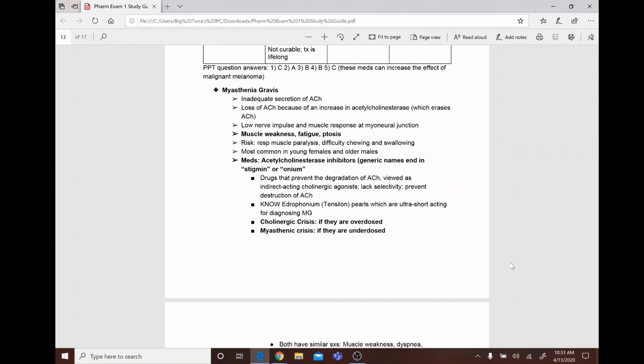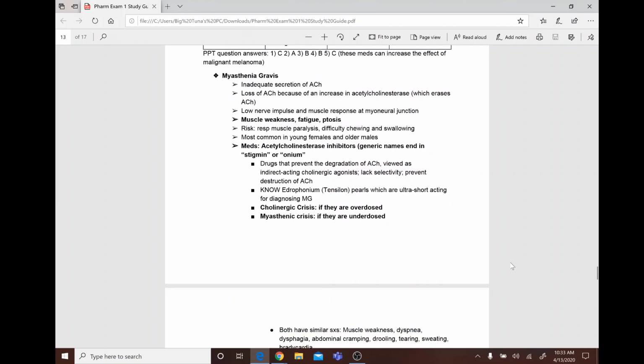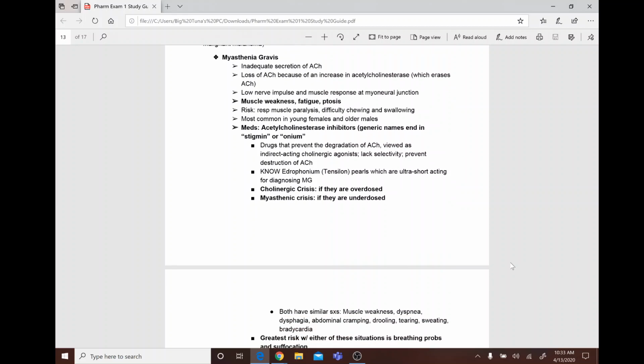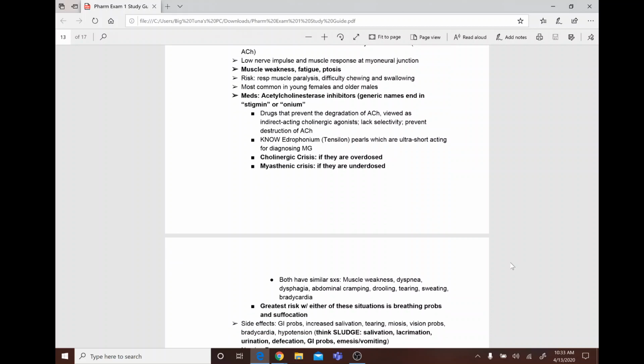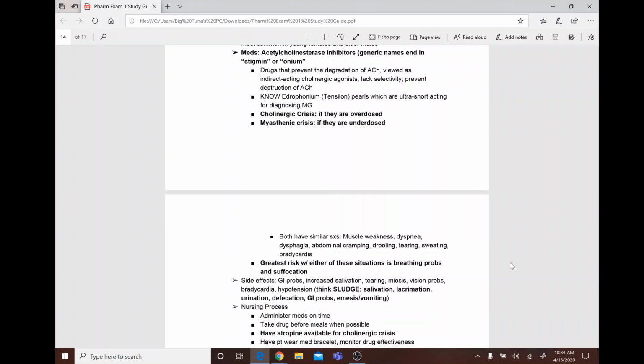So the meds are acetylcholinesterase inhibitors. So how do we know if we have a cholinergic crisis? They're overdosed. How do we know we have a myasthenic crisis? They are underdosed.